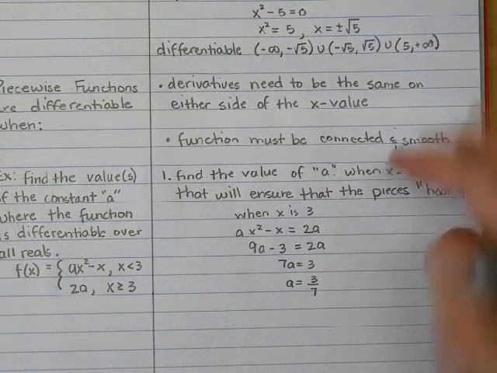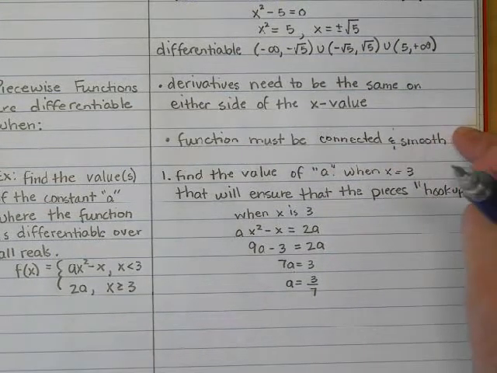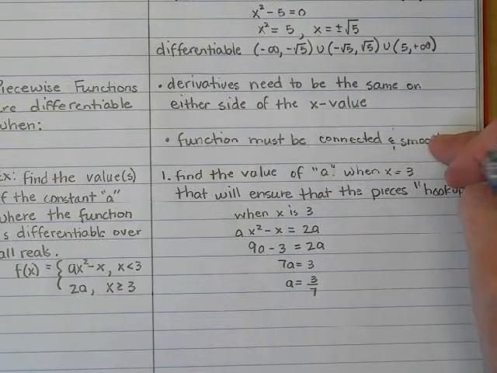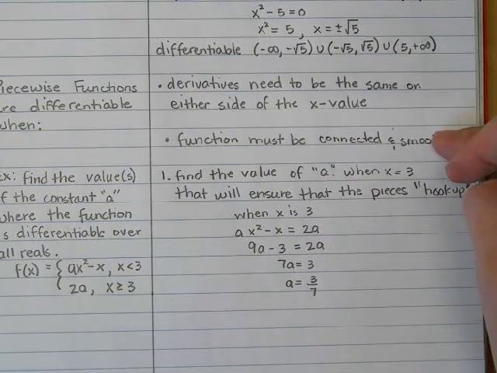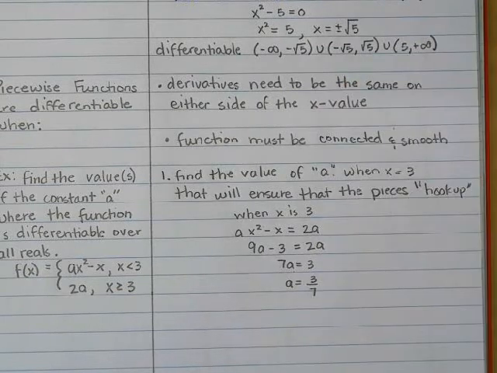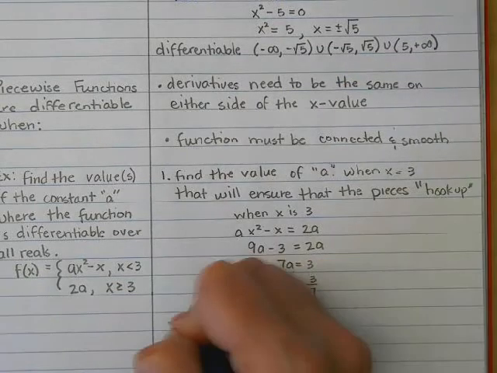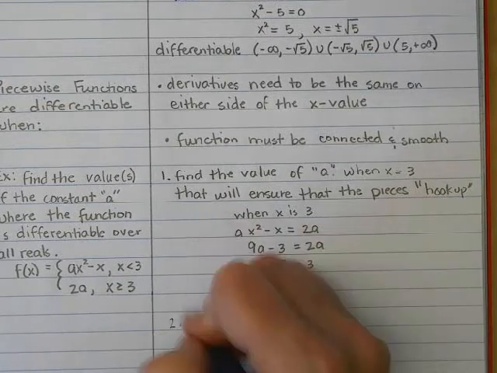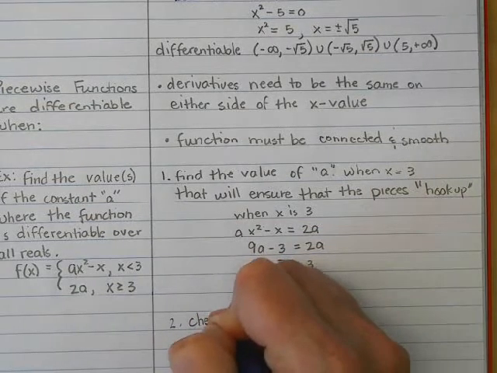Okay, so we've got that part done. We know that it's going to be connected there, but is it going to be smooth? In order to know that it's going to be smooth, the derivatives on the left and the right have to be the same. Or, the limits.